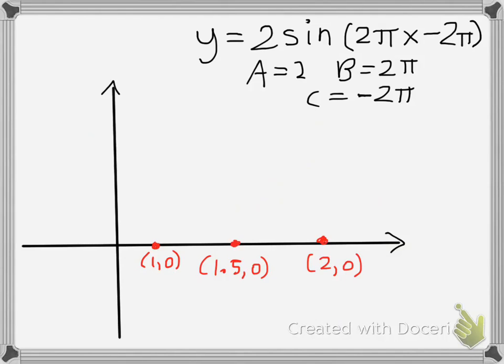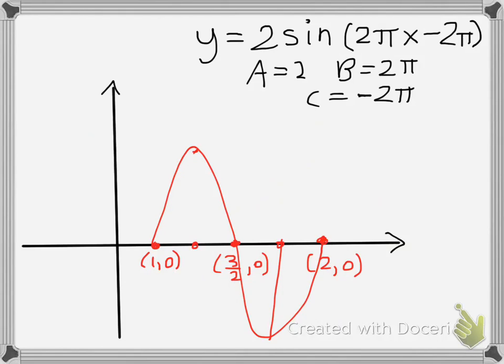And then in the middle of that is when the wave will reach the highest point. Actually, let's rewrite this as 3 halves, 0, because I don't like decimals. And in between, the wave will go like this. And at the halfway point between those two, that's when the wave will reach its highest and lowest points.